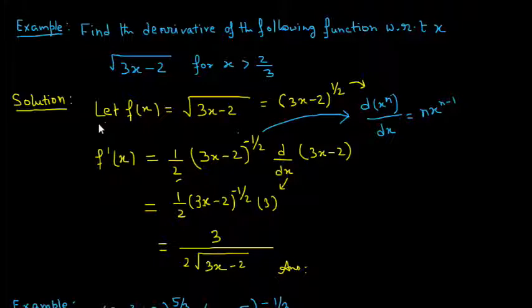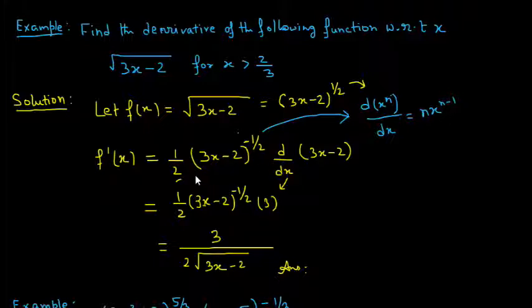So let f(x) is equal to under root 3x minus 2, which we can write as (3x minus 2) to the power half. Now f dash x is equal to, we'll use the formula d(x to the power n) upon dx is equal to n x to the power n minus 1.